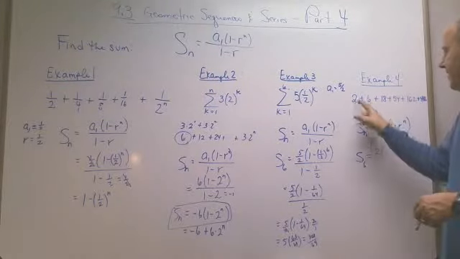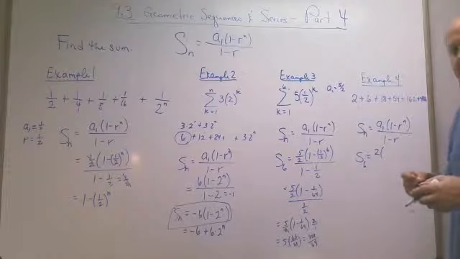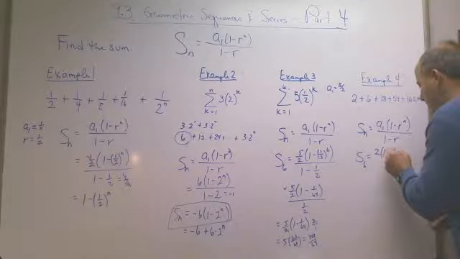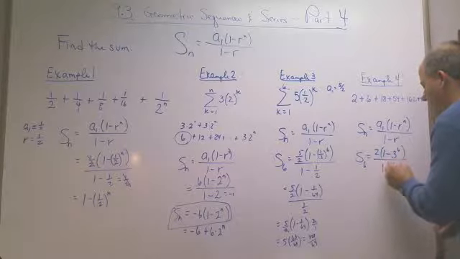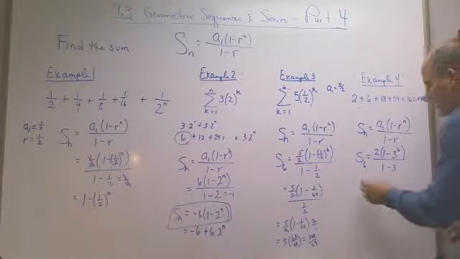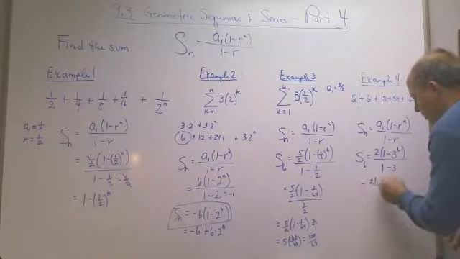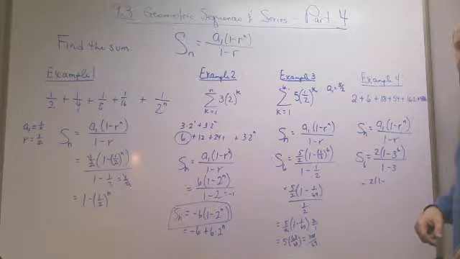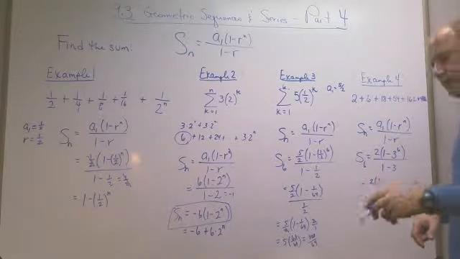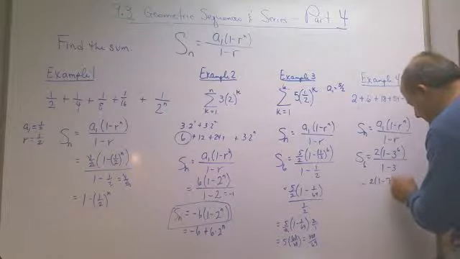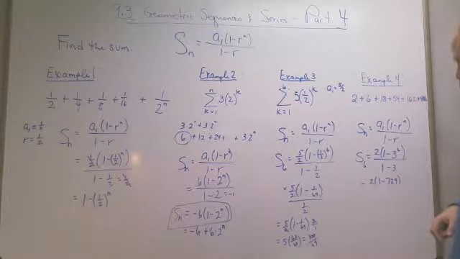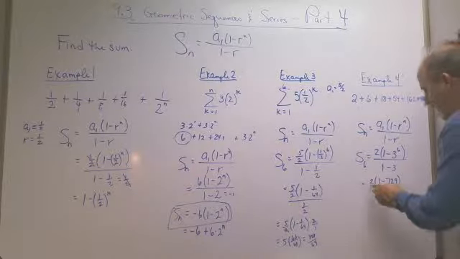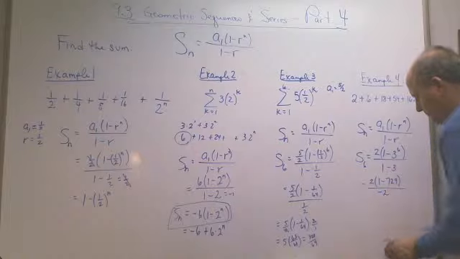So you take 6 divided by 2, and that's 3. So the ratio is 3. So it's 2 times 1 minus 3 to the 6th over 1 minus 3. So 3 to the 6th is going to be 729. And then 1 minus 3 is negative 2.